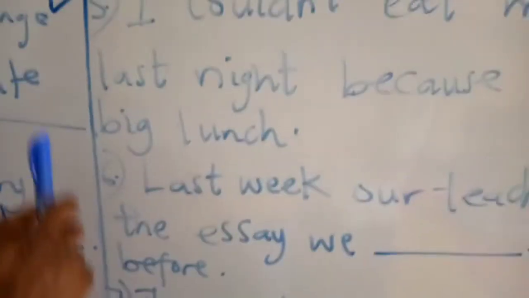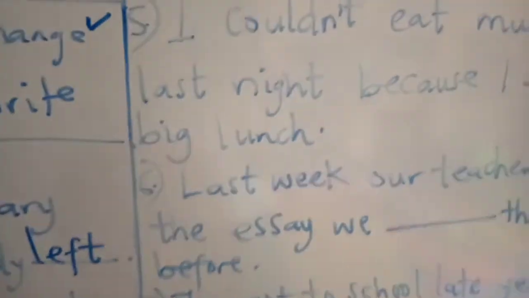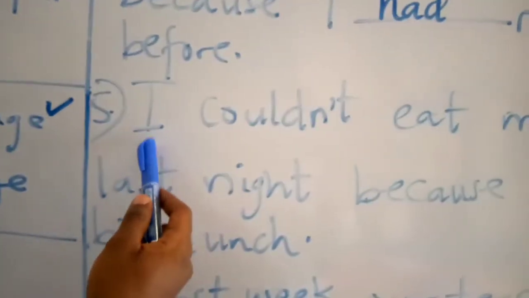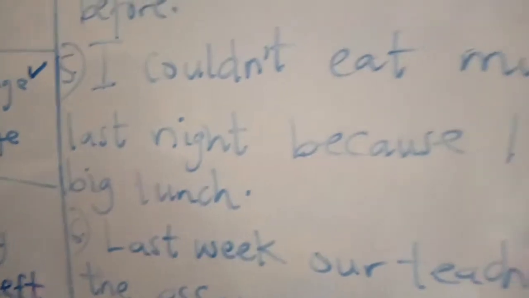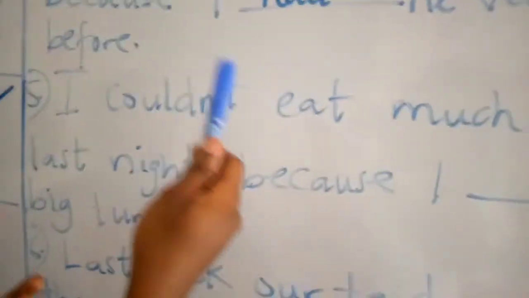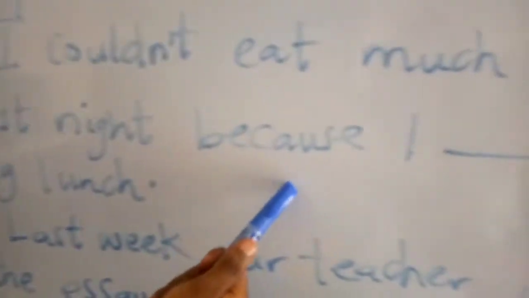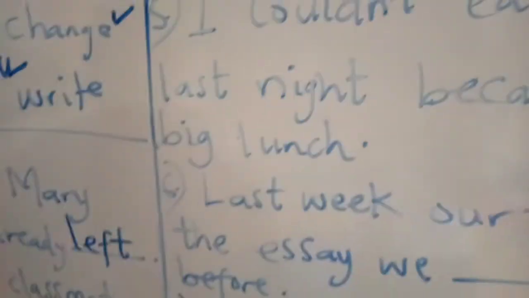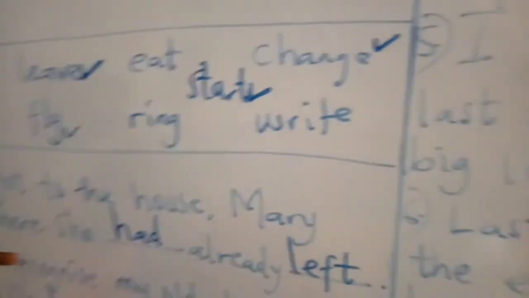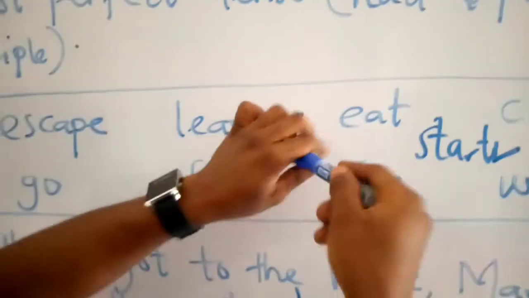Now let's take a look at number 5. I couldn't eat much dinner last night because I dash such a big lunch. Because I had, the past participle for eat.